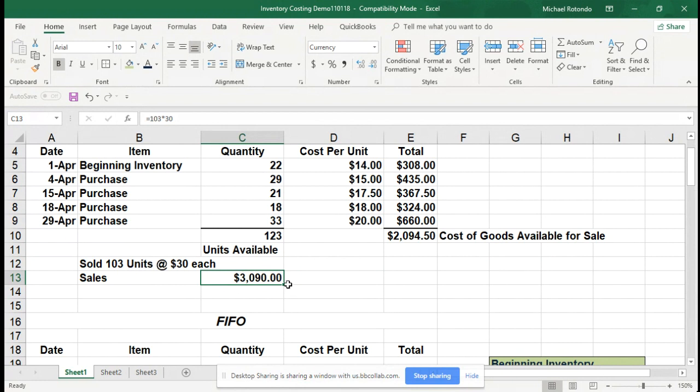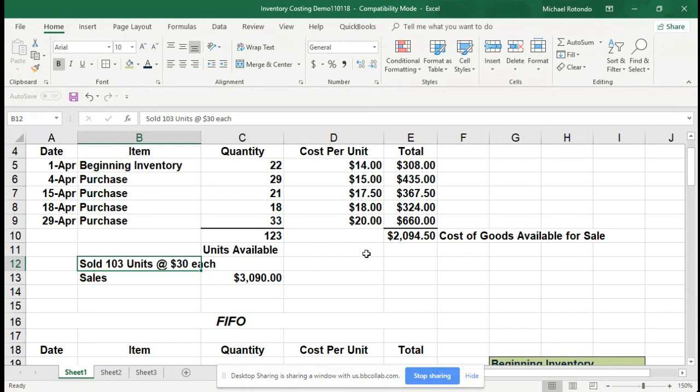So the first method we're going to look at is FIFO, first in, first out. So we know that we have 123 units available. We know that we sold 103. So we know that there's 20 in ending inventory. Again, we have 123 available. We sold 103.